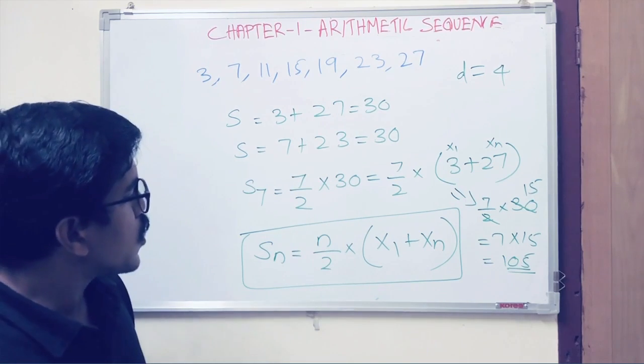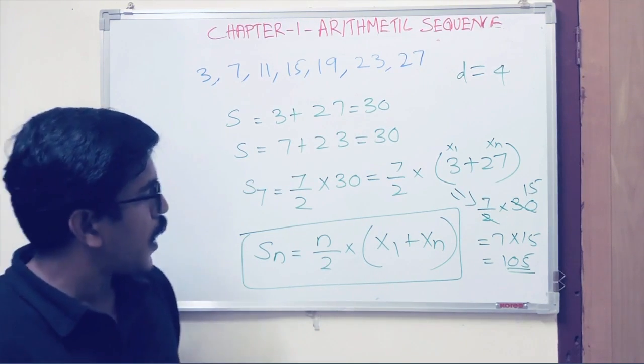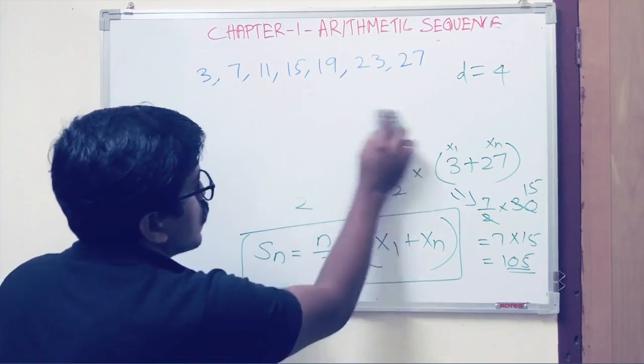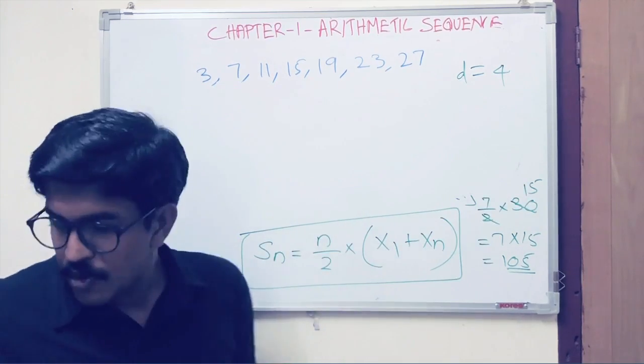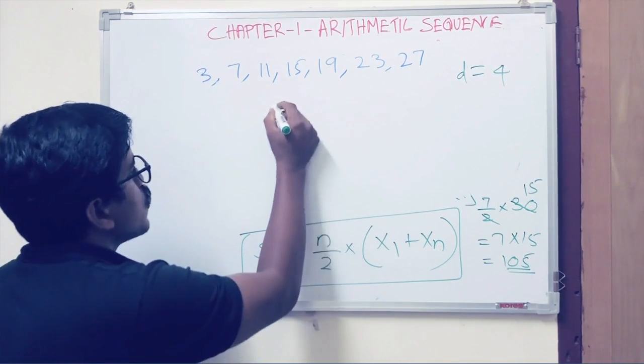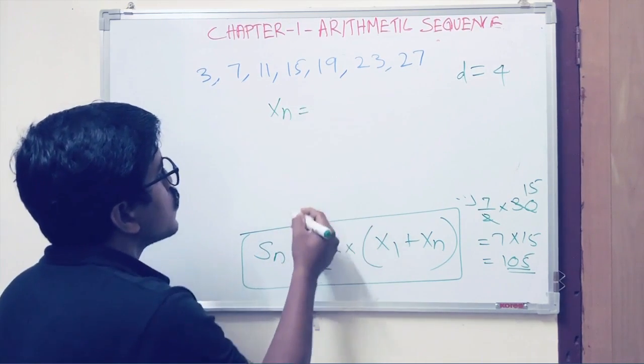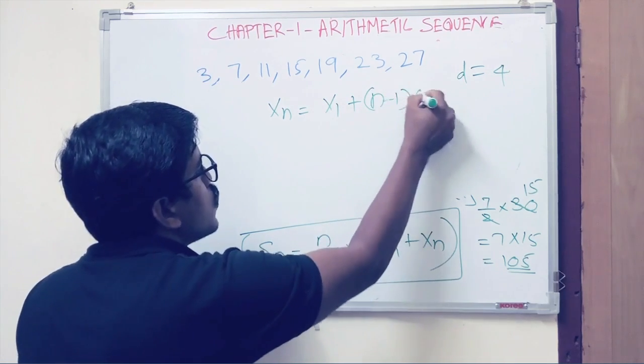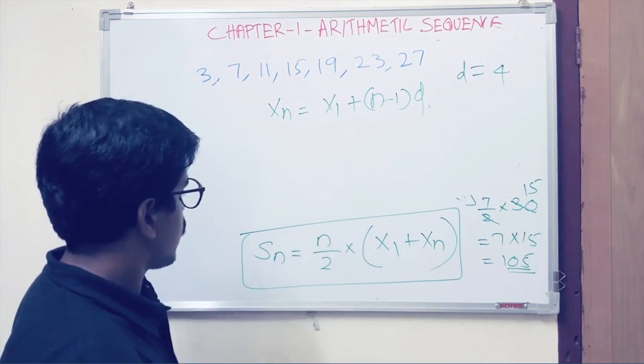From this we can find out another formula. All of you know that xn is equal to x1 plus (n minus 1) into d, that we already discussed.